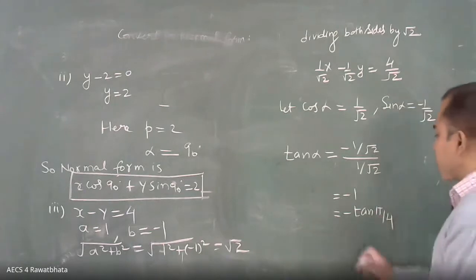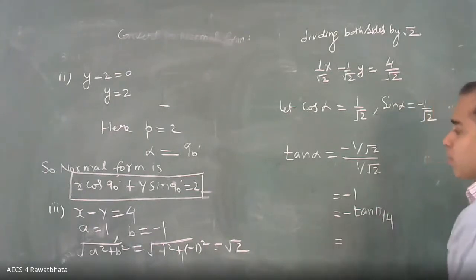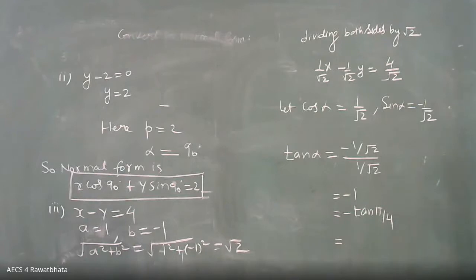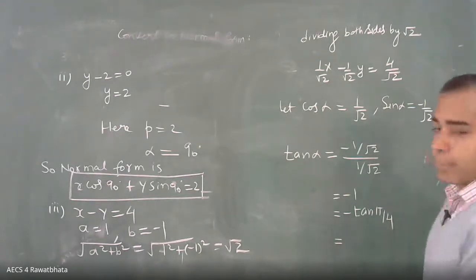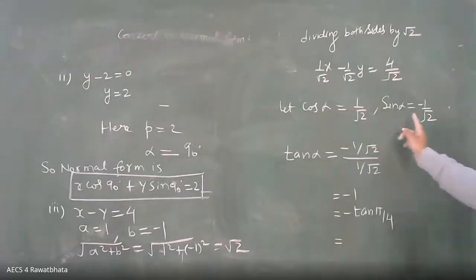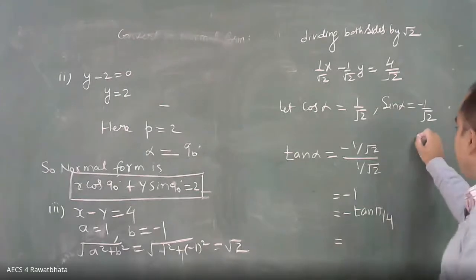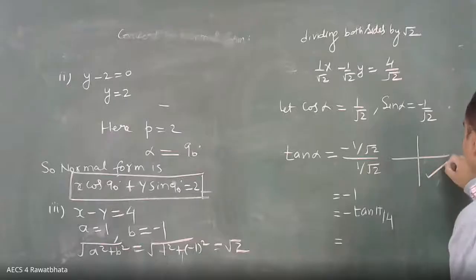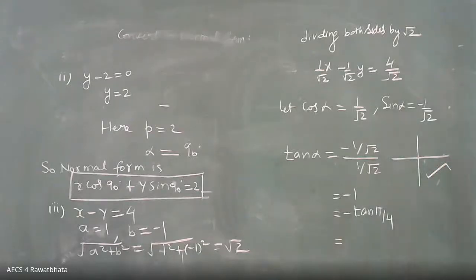I have to remove this minus sign. And alpha should come in which quadrant? Fourth. Cos is positive, sin is negative. This happens in fourth quadrant.